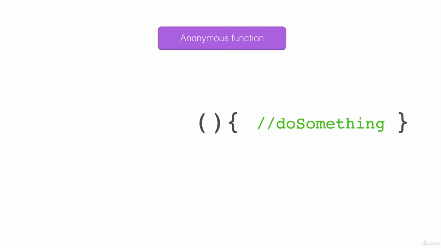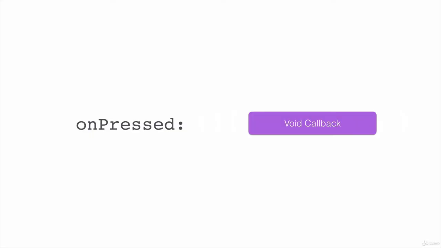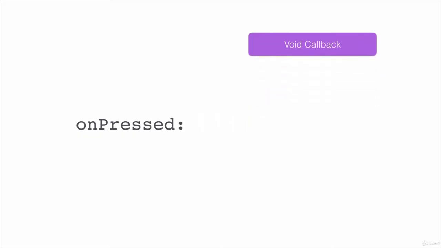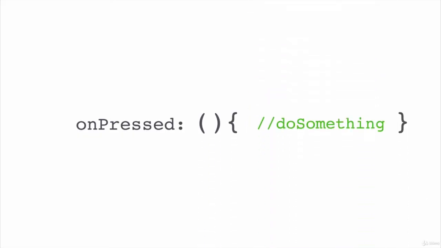They allow us to tell the computer to do something without explicitly having to create this entire function and give it a name and call its name. When we were coding up our onPressed, which expected a void callback, it essentially wanted an anonymous function. We passed in the 2 empty parentheses and we gave it the block of code that we want to be executed when the button got pressed.